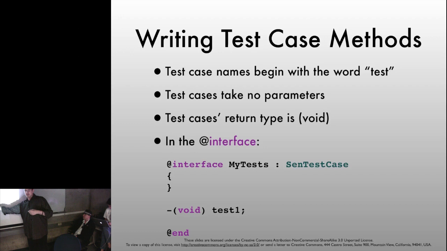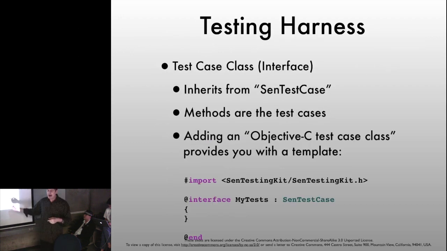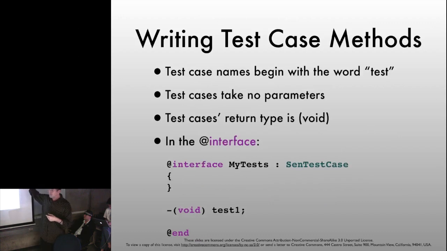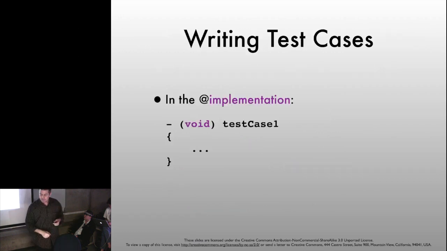This is the interface for your test with your parent class SenTestCase, and then each one of your tests are listed there as prototypes, essentially, for your methods. They'll automatically be run by the SenTestingKit framework. You don't have to do anything else. As long as you follow these rules of using SenTestCase and begin the name with test, take no parameters, and the return type is void, it'll run them automatically.